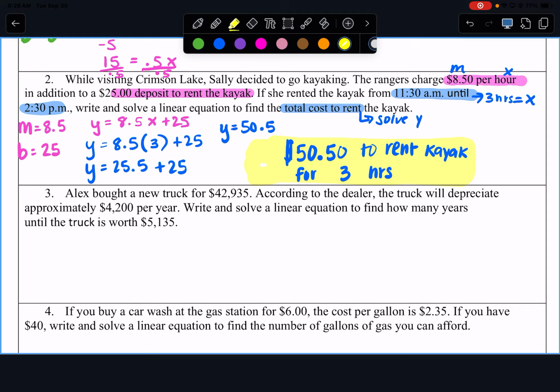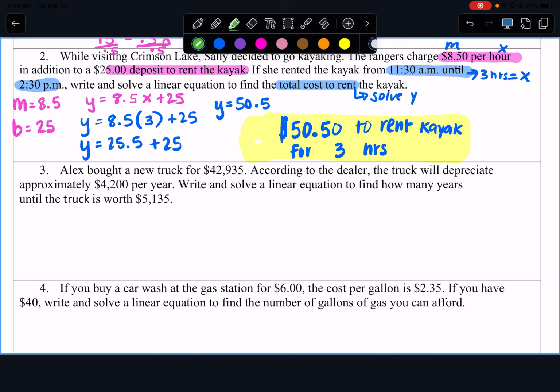All right, now we're going to look at question 3. It tells us that Alex bought a new truck for $42,935. What would that represent in this problem? Not just the y, but the starting point, our y-intercept.